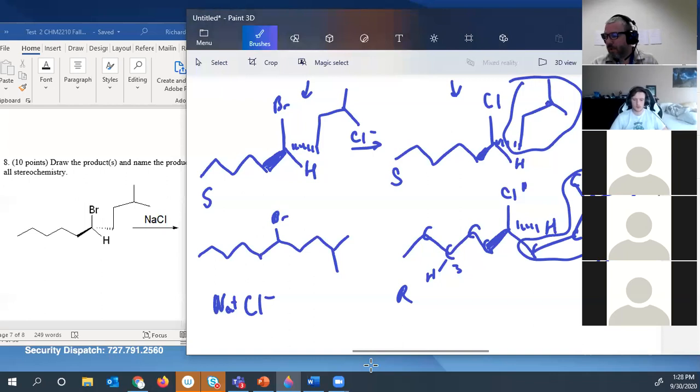And it's 1, 2, 3, 4, 5, 6, 7, 8, 9, 10. So it's a decane. And it's 2-methyl, 1, 2, 3, 4, 5 bromo. So 5 bromo would be first for the alphabetization. So 5 bromo, 2-methyl, decane.